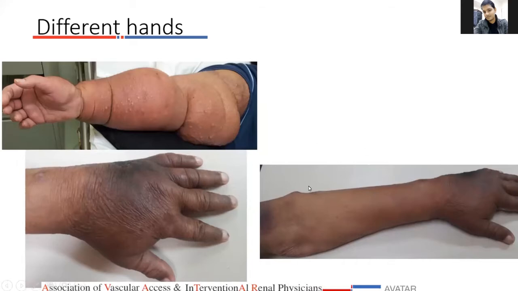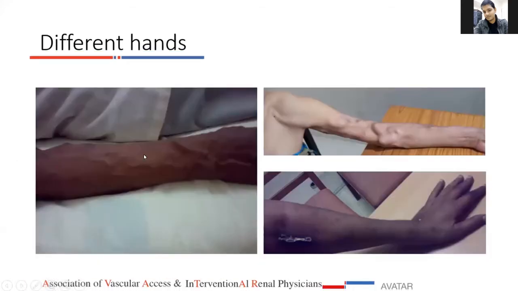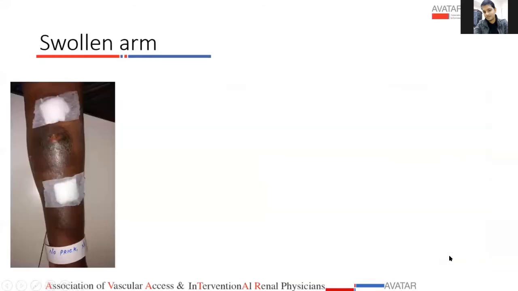This is venous hypertension. Or if you see this kind of vein with a lot of collaterals, or this which is dilated all the way, or again distal ischemia symptoms, a scar which has just not healed and no veins visible here. So these are the different kinds of arms which we see.